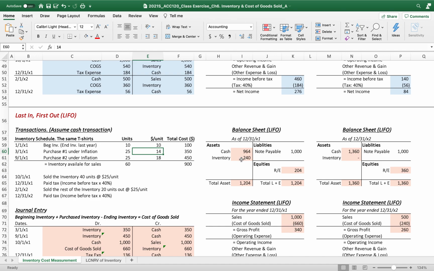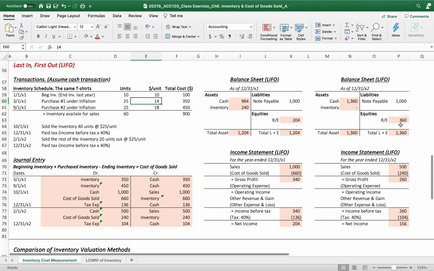But the ending inventory is the cheapest, because the remaining inventory is the inventory that the company purchased at the cheapest price. Okay, but anyway, the next year, the cost of goods sold is now from this inventory, which is the cheapest one, because it's the remaining inventory we count as its cost of goods sold.